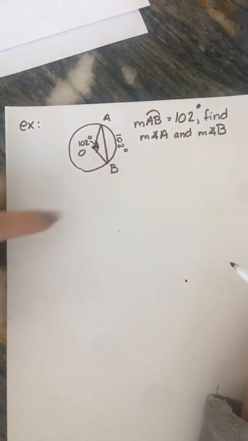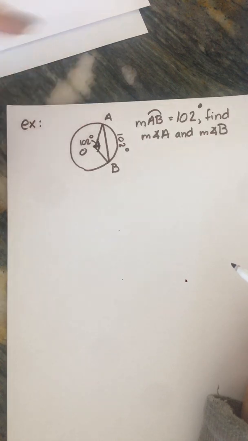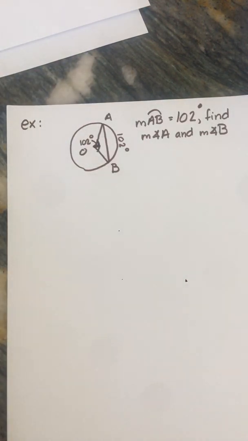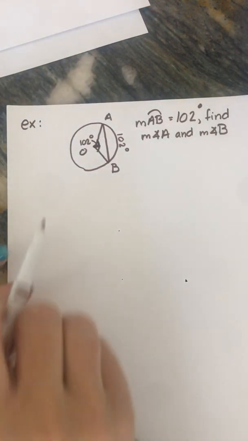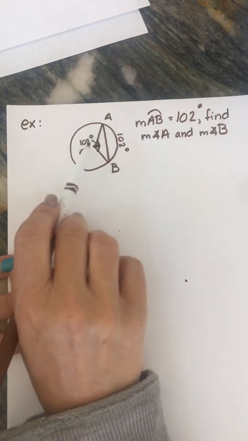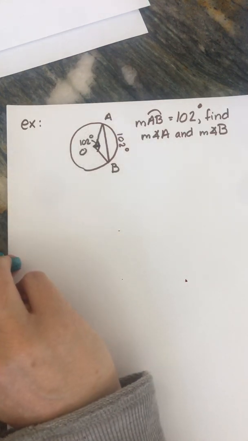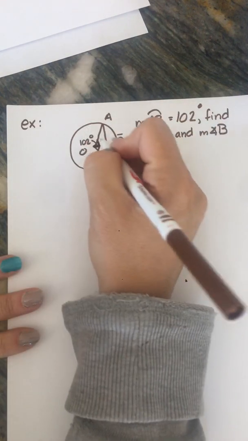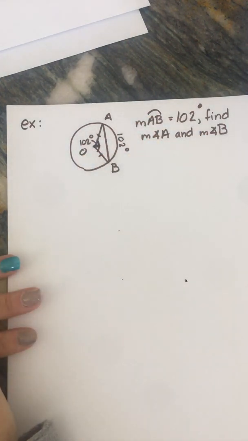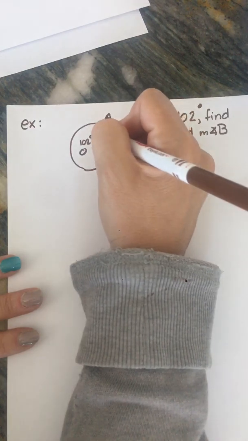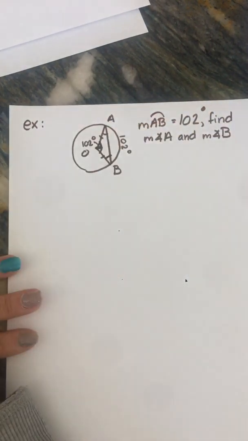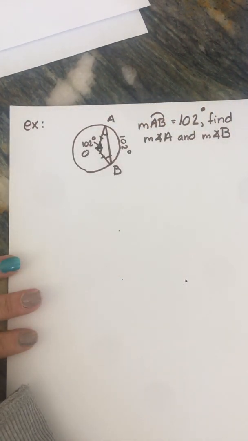So now let's hone in on this triangle. What kind of a triangle is that? Well, OB and OA are radii. Radii in the same circle are congruent. So what kind of triangle is that? Isosceles. So those base angles should be congruent.